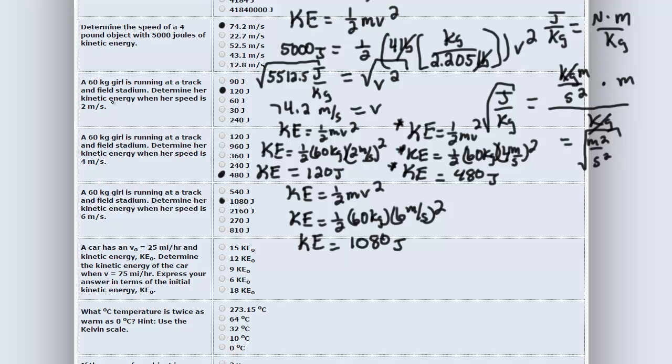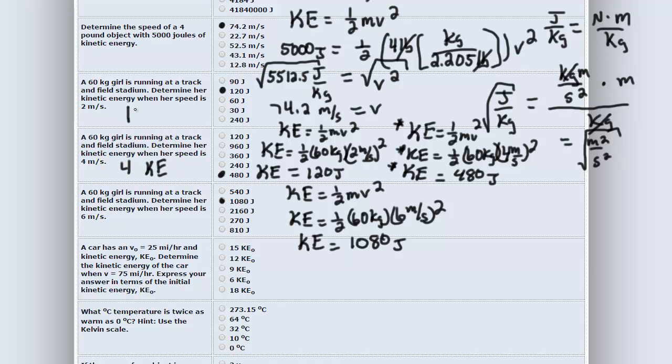Let's look at something. In each of these three problems, the 60-kilogram girl is just increasing her speed. So notice that she goes from 2 meters per second to 4 meters per second. She's going twice as fast. If she's going twice as fast, kinetic energy goes as the speed squared. She should have 4 times the kinetic energy.